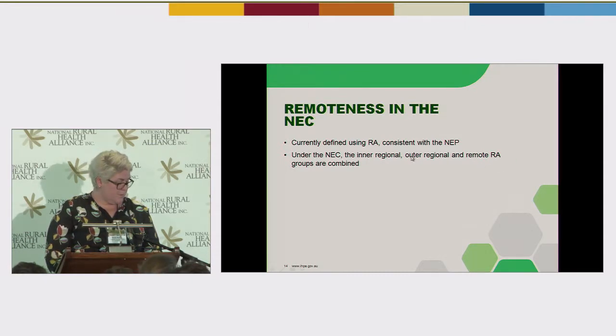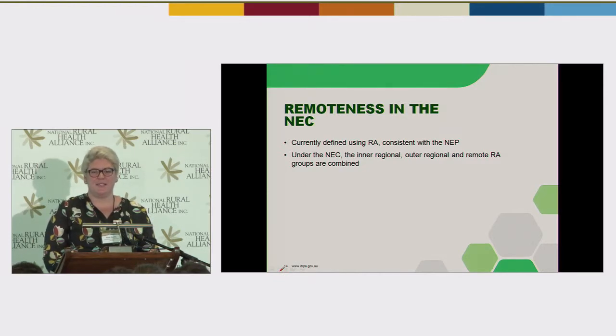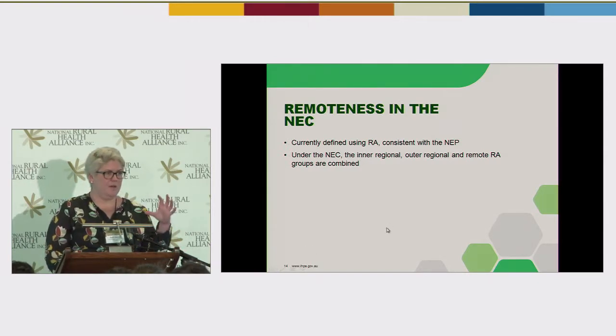So under the NEC model, we do use RA, but for this model, we merge the inner regional, outer regional, and remote RA groups. So if you look at it in this way, implementation of RA and Modified Monash would be equivalent because we're aggregating those groups that were split out in the Modified Monash model.